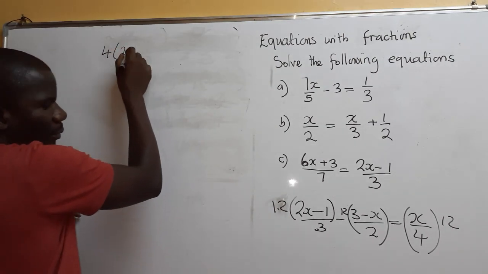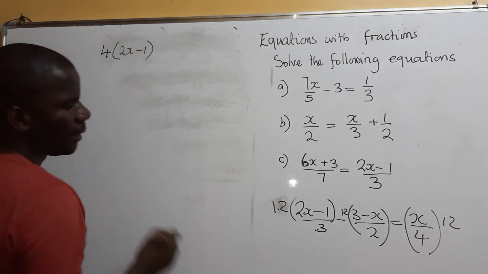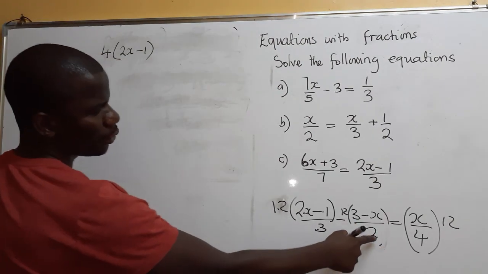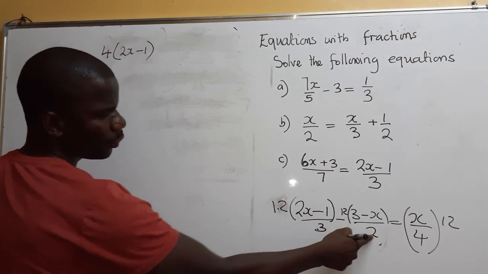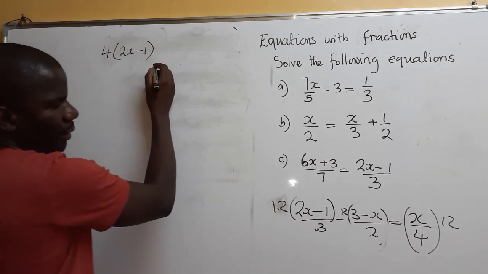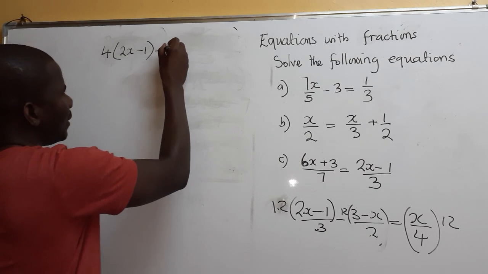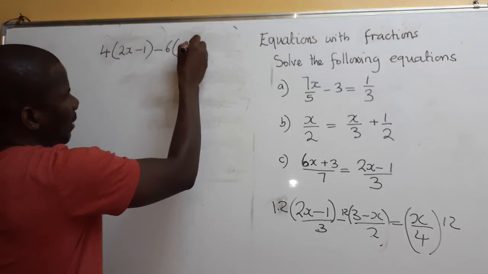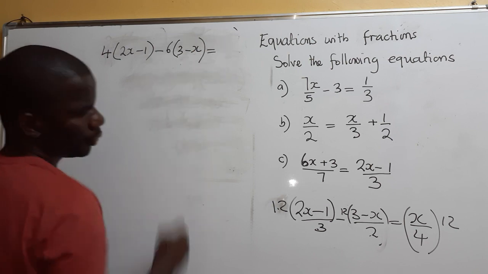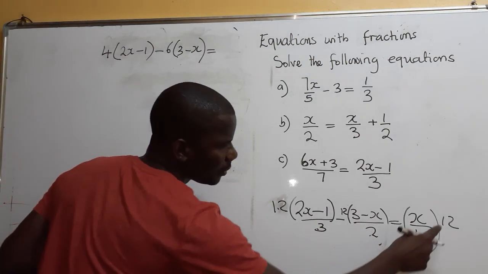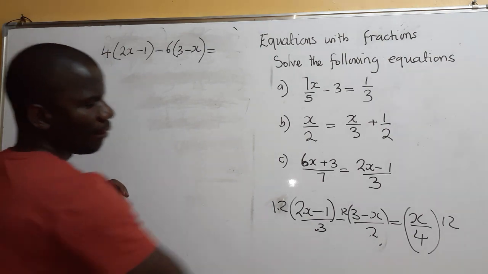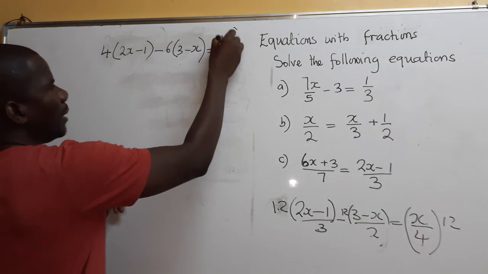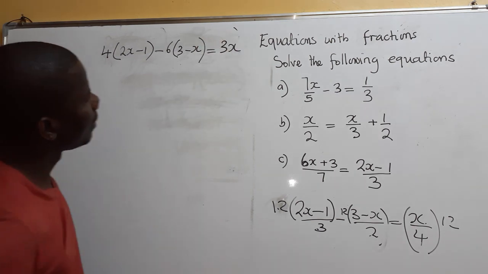Then we remain with what we have in the brackets here. Then what is the denominator here? The denominator here is 2. 2 into 12. 2 into 12. It will be, we have a minus here. So it will be 6 and 3 minus x is equals to 4 into 12. 4 into 12, it's 3. 3 multiplied by x, we have 3x.